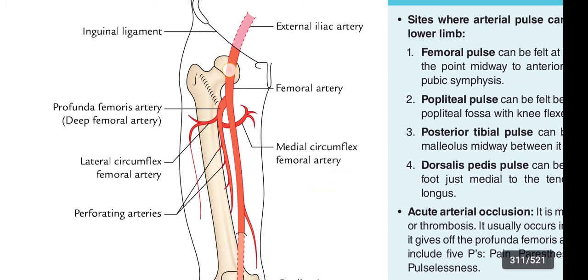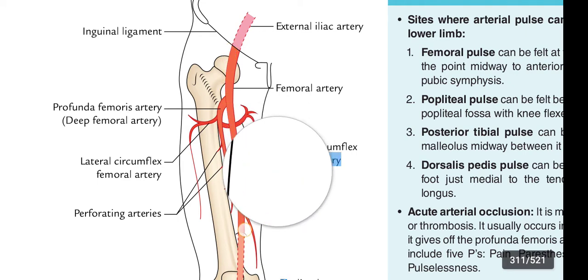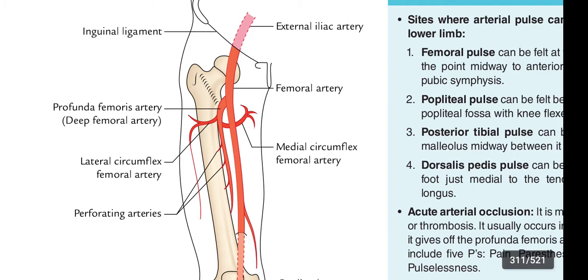Look here guys, this is the continuation of the femoral artery, and from the front it enters to the back of the thigh. You may observe here, front, some middle, and it enters the back, okay.